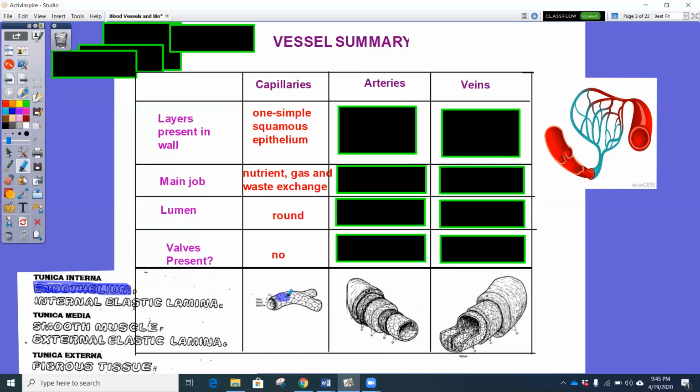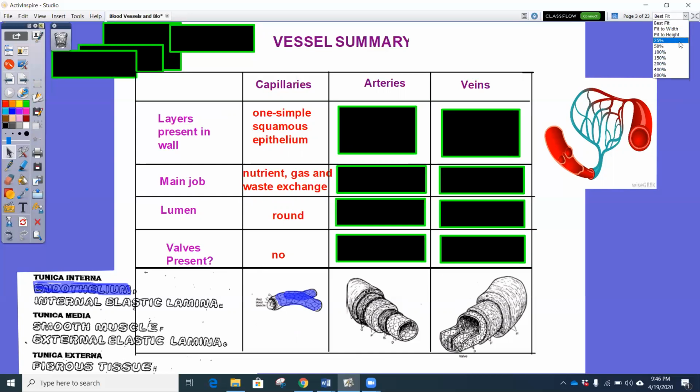Now, I'm also going to come over here and color everything that is endothelial tissue of this capillary. And this endothelial tissue is the only layer of a capillary. It makes up the wall of the capillary, and it actually is only big enough for one red blood cell to travel at a time.